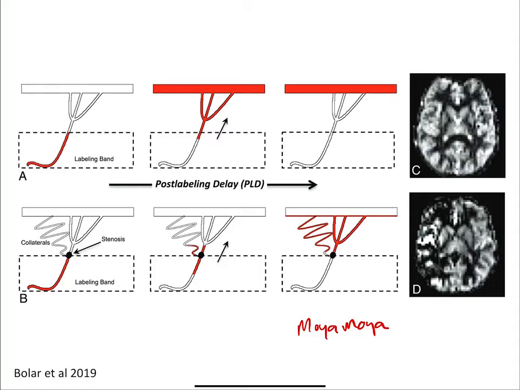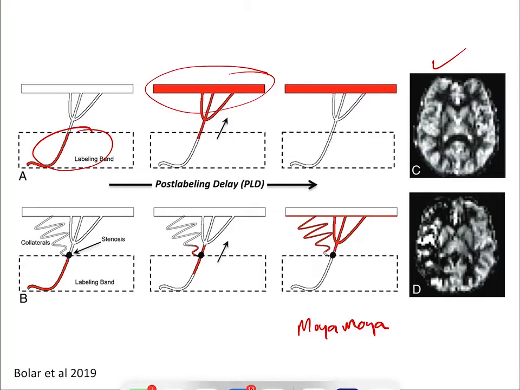In a normal subject, you label the blood, and it all gets to where you want it to go, so you have a good CBF image. But let's say there's a stenosis here, and so the blood has to go through this collateral flow. Some of it still might go through the normal route, but most of it's going to take much longer to get through.